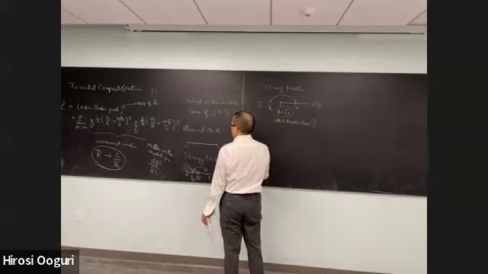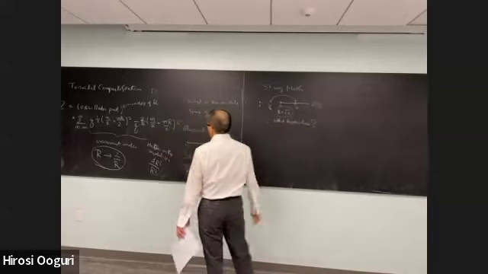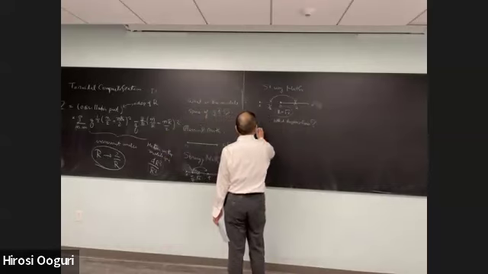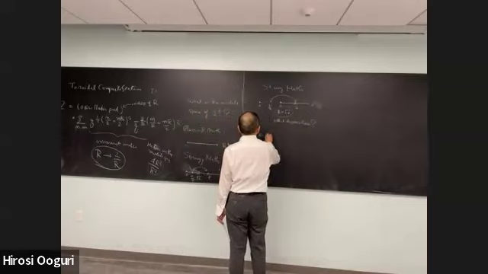So I have this formula here, but let's calculate this partition function when R is equal to square root of 2.